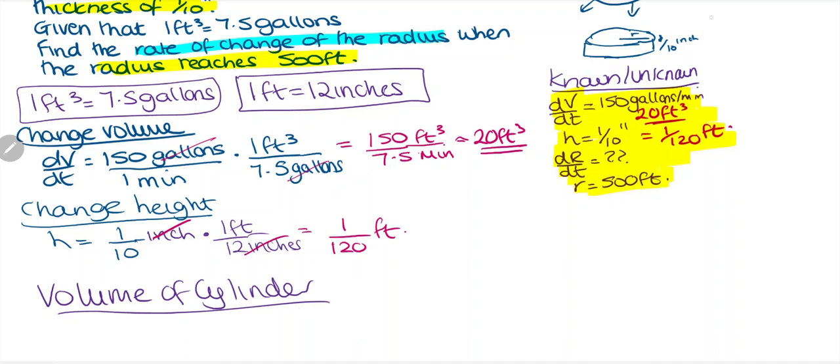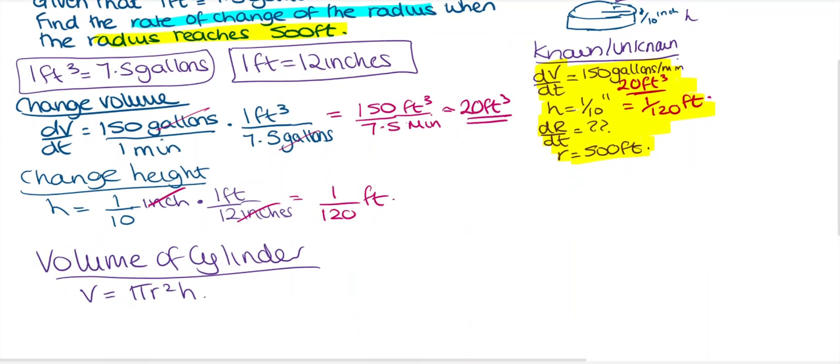The area of the circle is pi r squared, so our volume will be pi r squared h. We need to rewrite this and substitute in what we know.